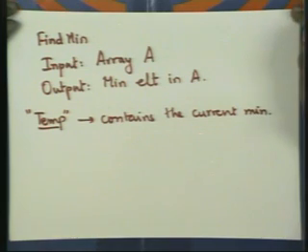So you start with the first element in the array, and then you scan the array element by element: the first element, then the second element, third element, and so on up to the last element. Each time you compare the array element with temp and update temp if necessary.